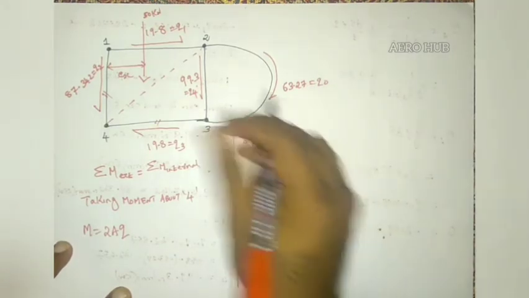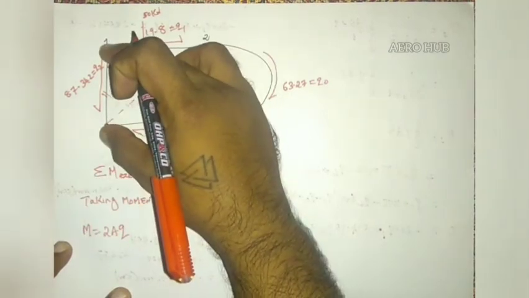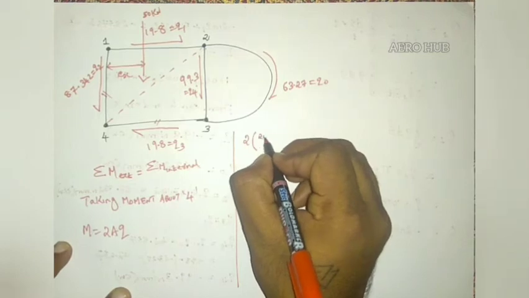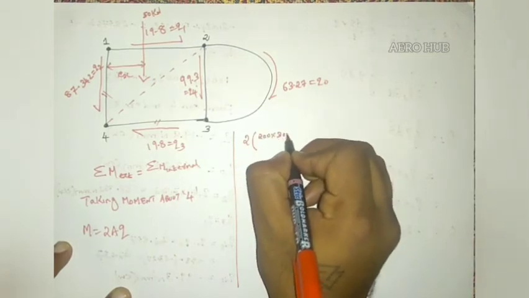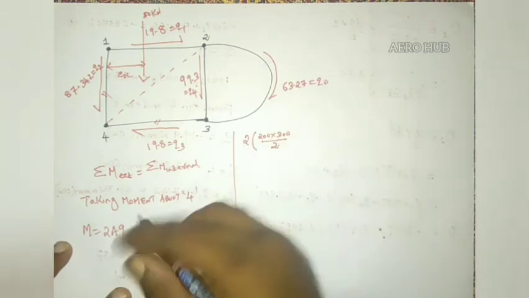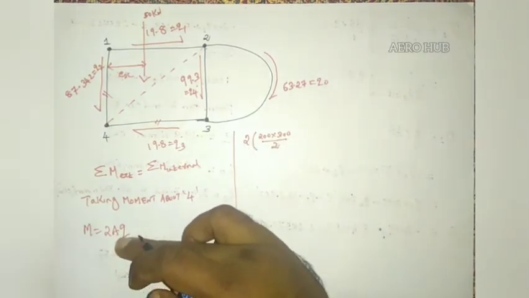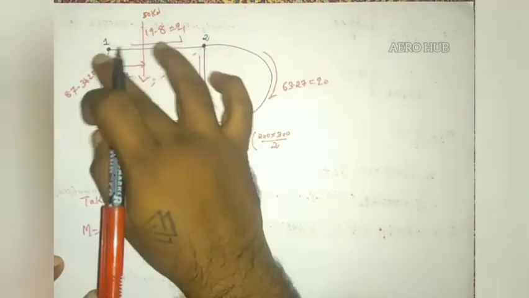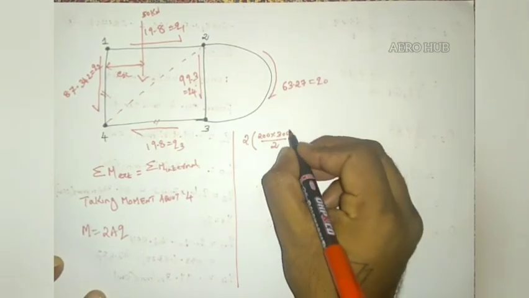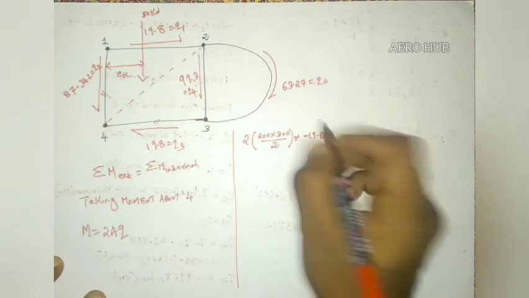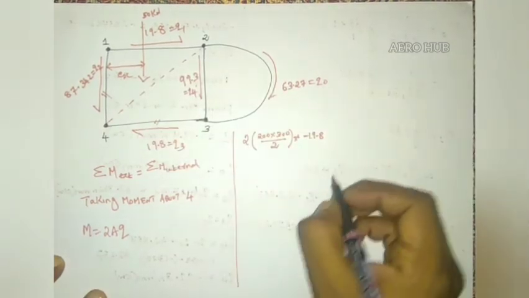Area is nothing but a triangle, this vertical height is 200 and this horizontal distance is 300. So 2 times 200 into 300 divided by 2, half BH, into minus 19.8, because we have a shear flow in clockwise direction.